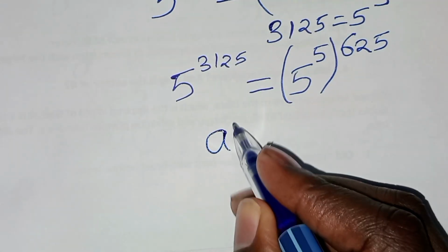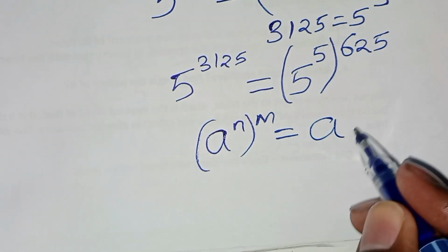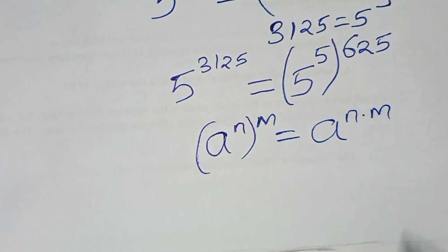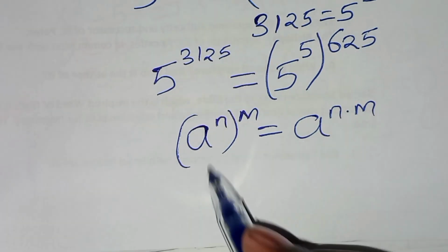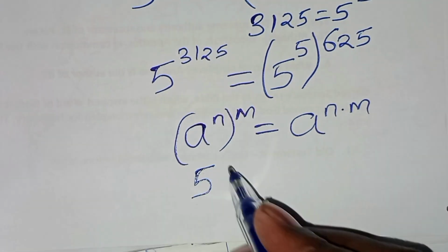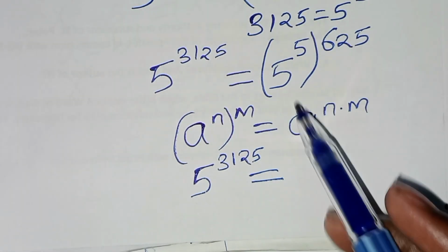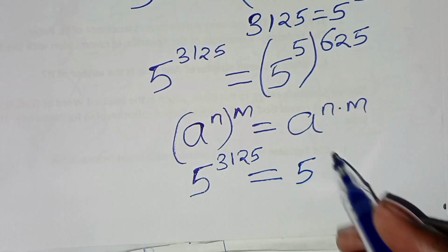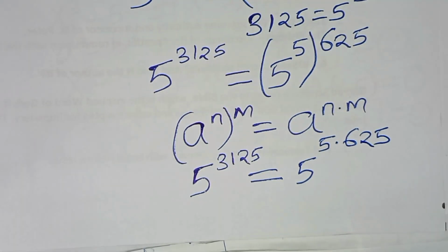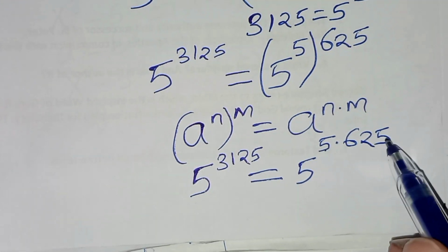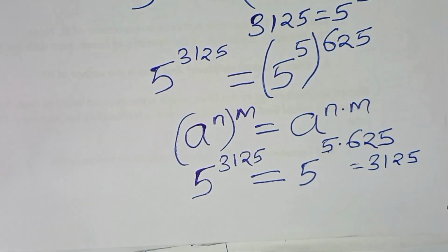Given that a to power n raised to power m can be expressed as a to power n times m, applying this exponent property, we'll have 5 to the power 5 times 625, and 5 times 625 is equal to 3125.